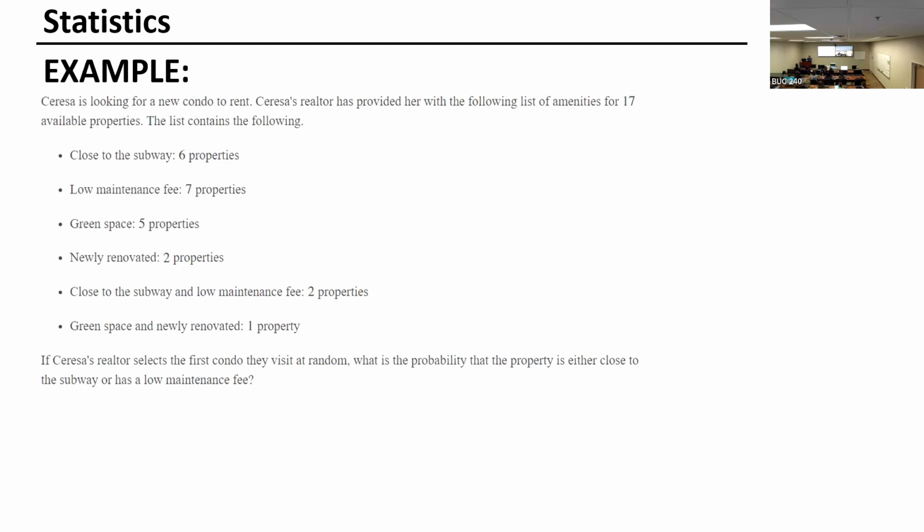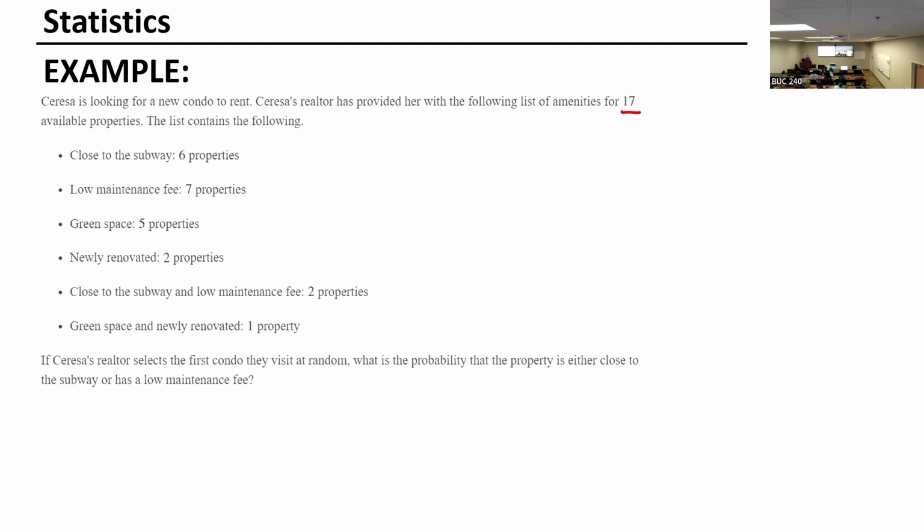Let's do this example here. Notice, Sarisa is looking for a new condo to rent. Sarisa's realtor has provided her with the following list of amenities for 17 available properties. Notice they give us all the probable outcomes. That's pretty nice of them when they do that. Okay?